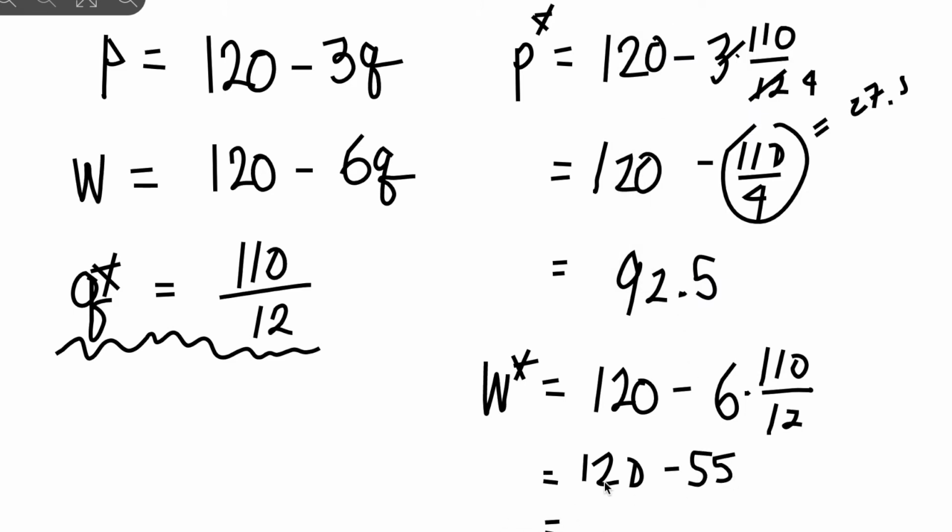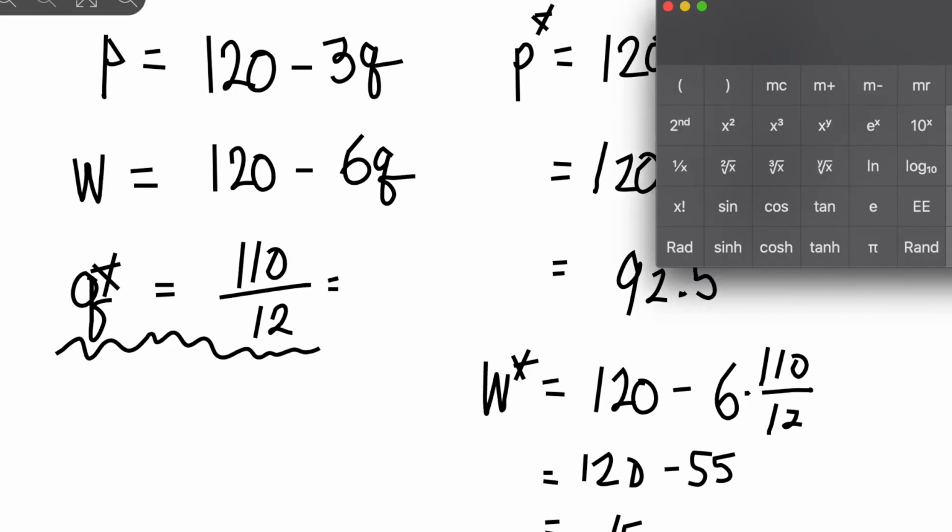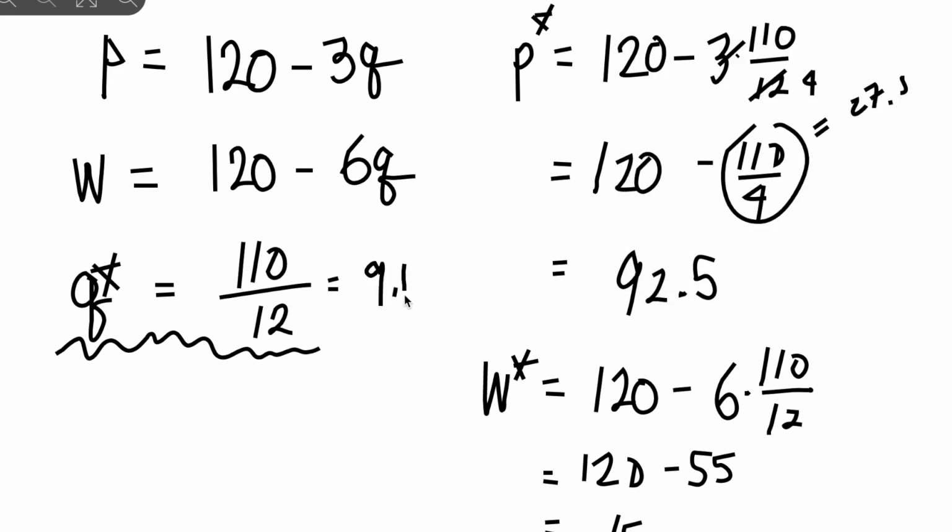So we get 65 as W star, right? So let's calculate this also: 110 over 12 is about 9.16.